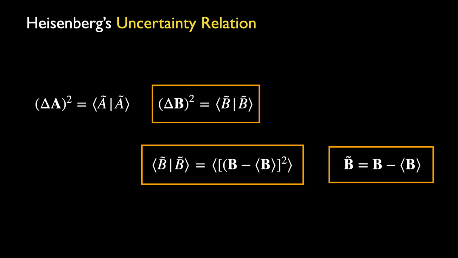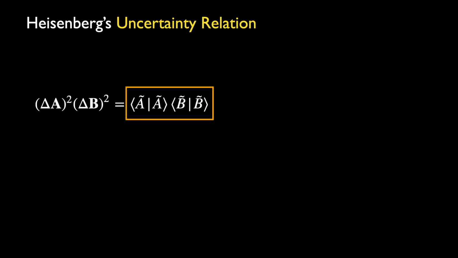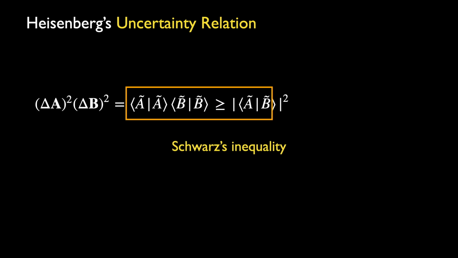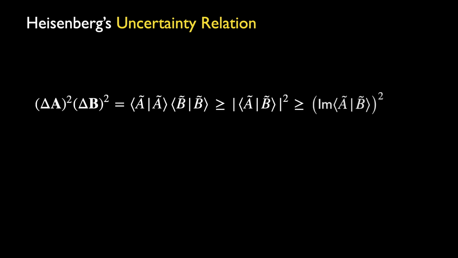Using this compact notation, the product of the standard deviation squared of operators A and B is given by the following. It is at this point that the Schwarz inequality can be applied. Here we further notice that the absolute square of the inner product of the vectors A tilde and B tilde must be greater or equal to the square of the imaginary part of the same inner product.